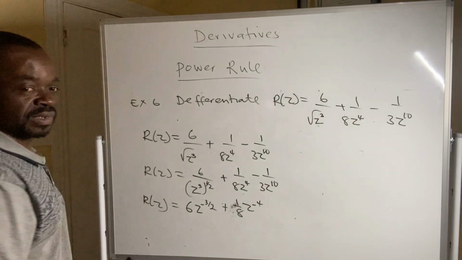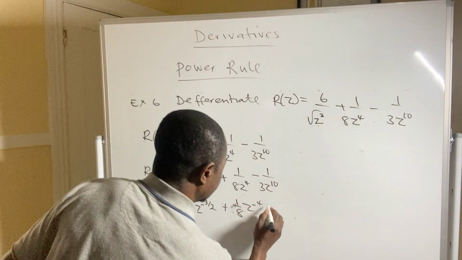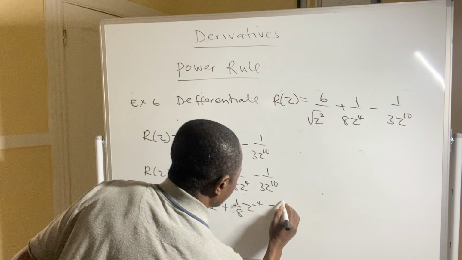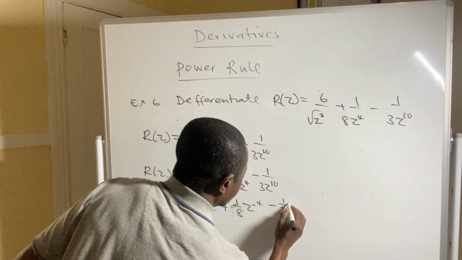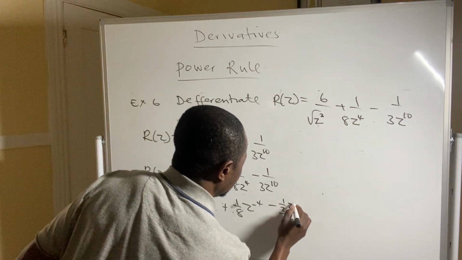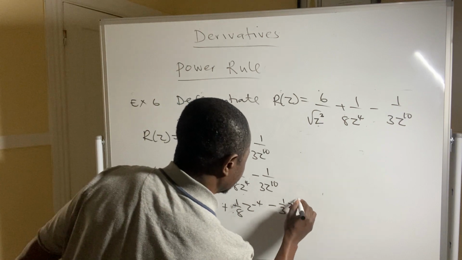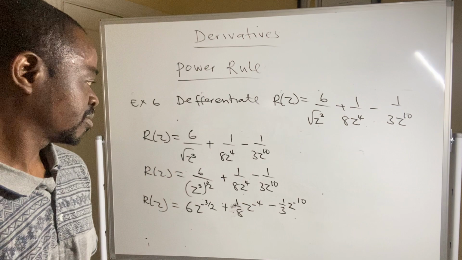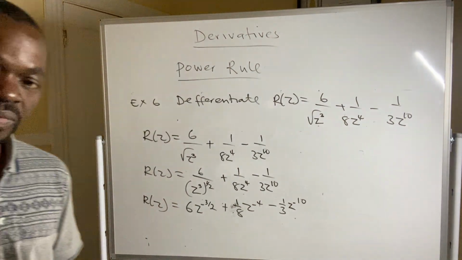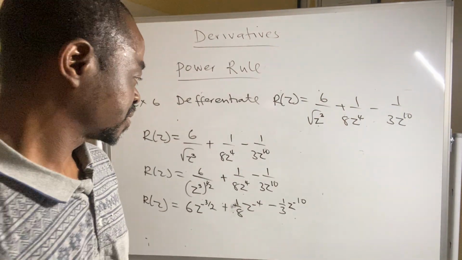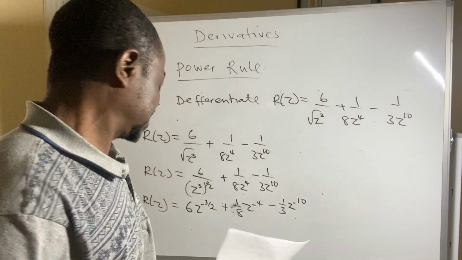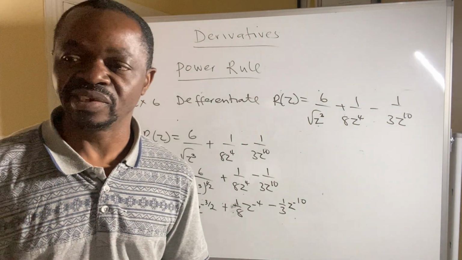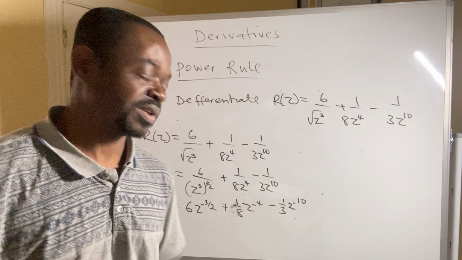You bring it up, it changes its sign, and this is minus 1 over 3 z to the power minus 10. Right. So it's now very easy for us to differentiate or to find our derivatives.